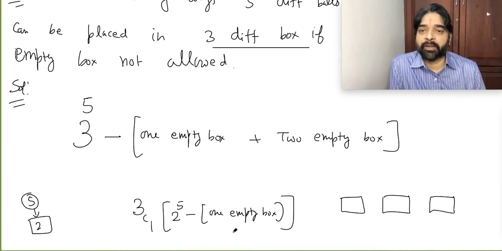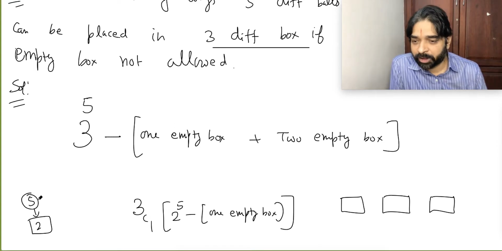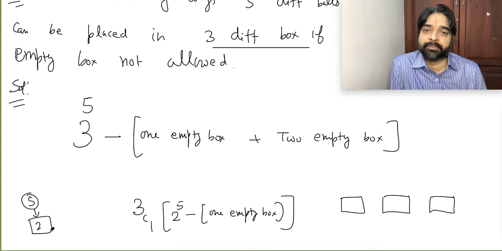Did you understand what I wrote? It's a new question for me, bhai. I have to distribute 5 balls into 2 groups so that no group is empty. Did not understand my point?